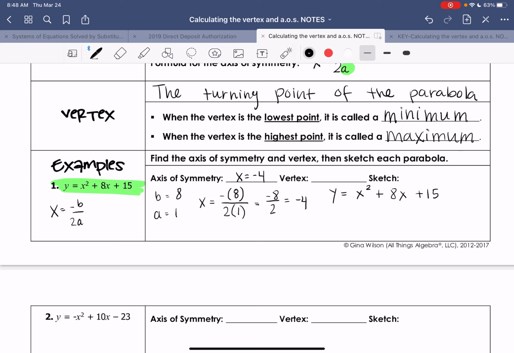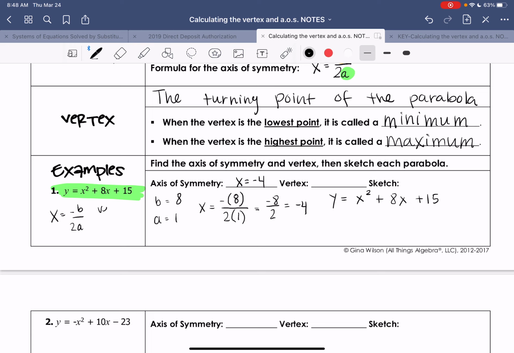So we know that our vertex has to be an xy coordinate pair that's at the bottom or top of our graph. We just found x is equal to -4. So if x is equal to -4, what is y? So we're going to use our substitution to find what y is.